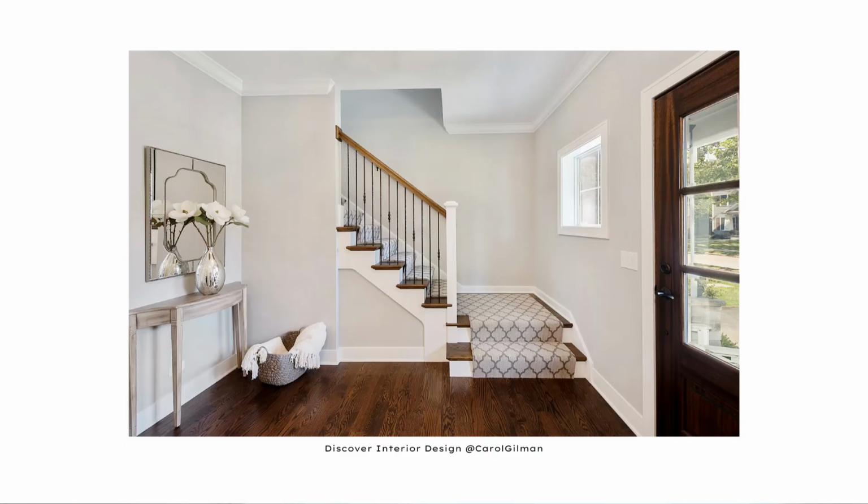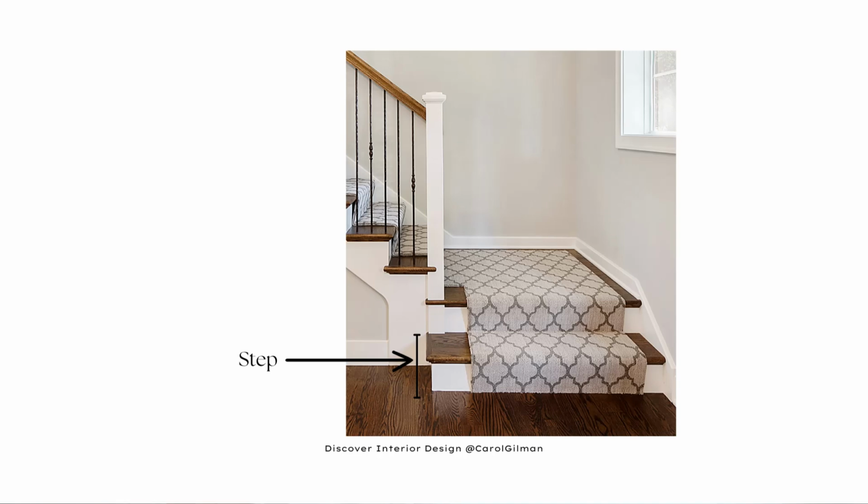So here we have this beautiful staircase, and let's zoom in and take a look at some details about the staircase. The first thing that we'll talk about is a step, and a step really just is a change in elevation. And there are different parts of a step.